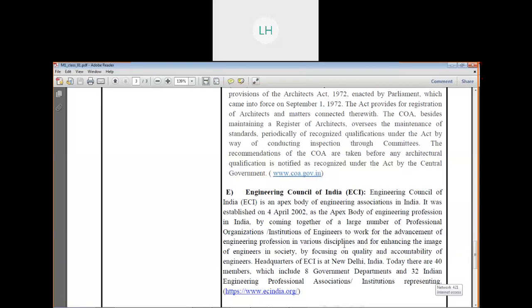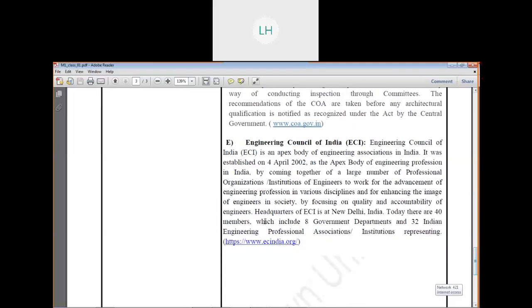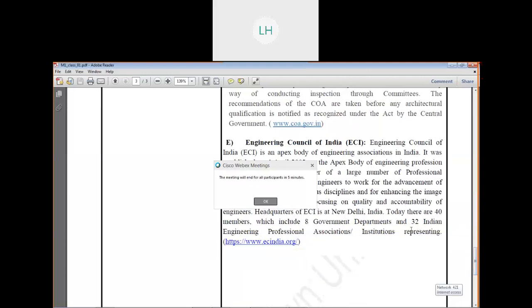That means to work for the advancement of the engineering profession in various disciplines and for enhancing the image of engineers in society by focusing on quality and accountability of engineering. Got it? The headquarters is at New Delhi. Till now there are 40 members, like 40 organizations.